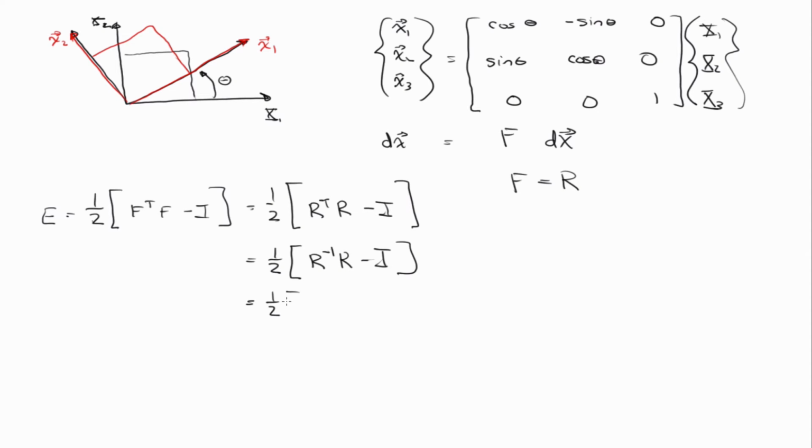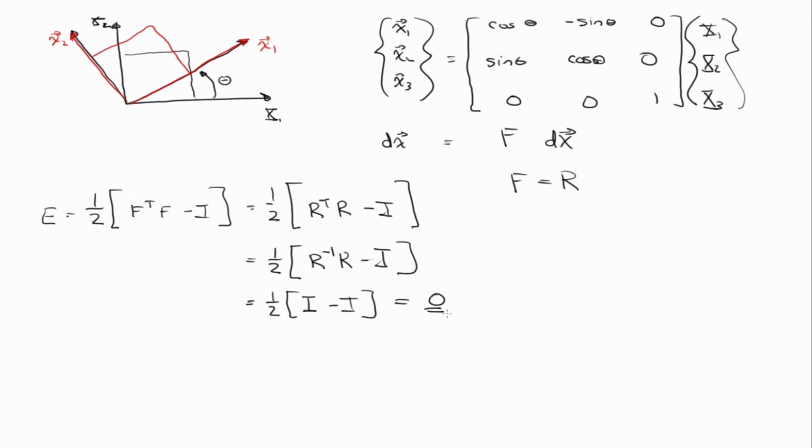So I have 1/2 (I minus I), which is in fact 0, right? The 0 tensor, the 0 matrix, which is what we want, right? All we did was a pure rotation and evaluate something we called strain. And since I said from the beginning we're not actually straining it, we're just rotating it, then we hope it comes out to 0, right? All we did was rotate.